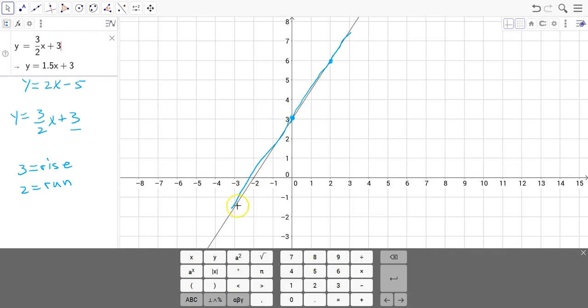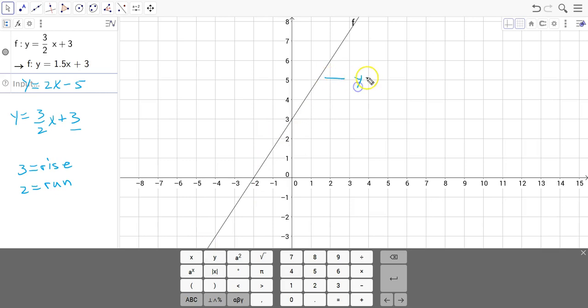Not too bad. Our blue graph that we had sketched is right on top of that one. So right here we see the graph of y equals 3/2 x plus 3. And let's graph our final one.